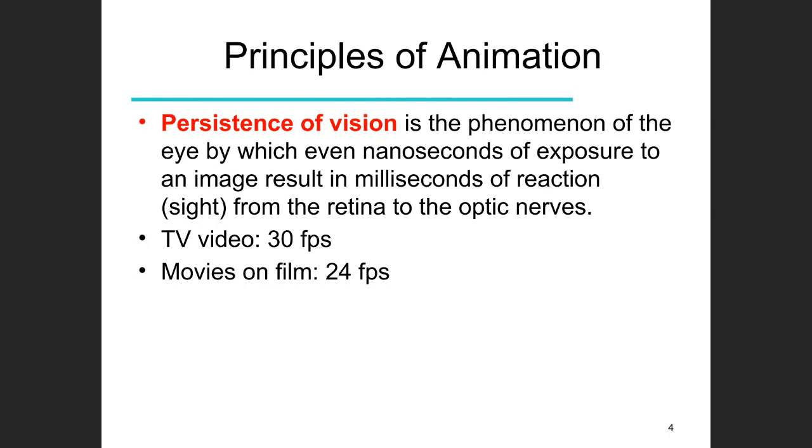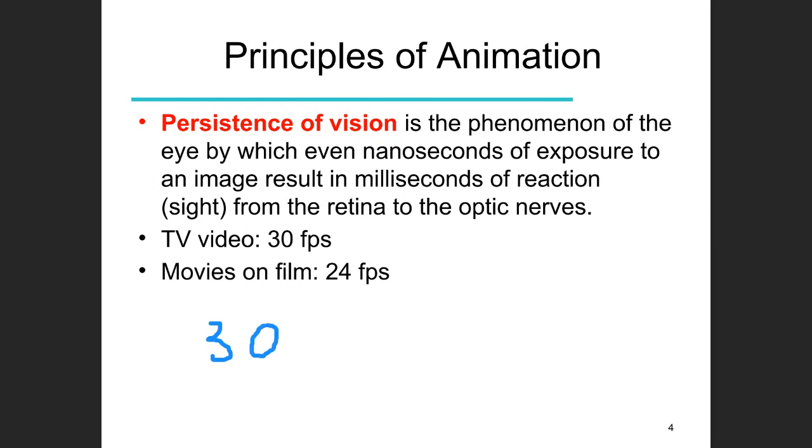For example, on TV, if we see some program or video, images are shown at 30 frames per second. It means that in 1 second, we are showing 30 images. So for example, if there is a video of 1 second, we are going to see 30 images.